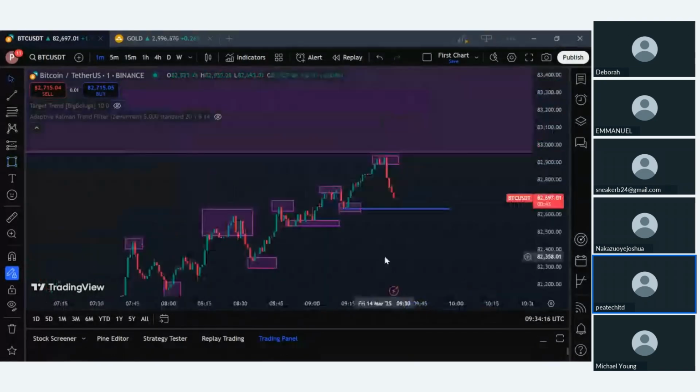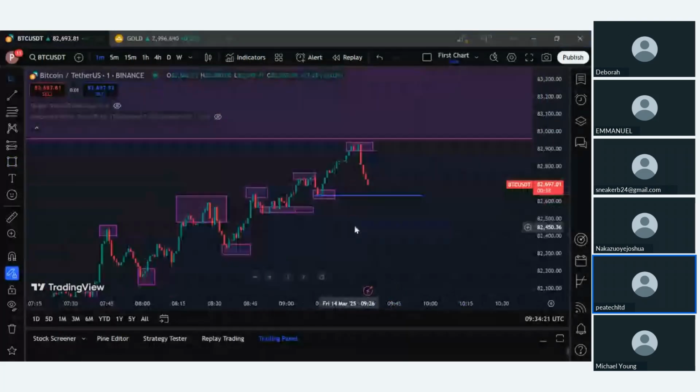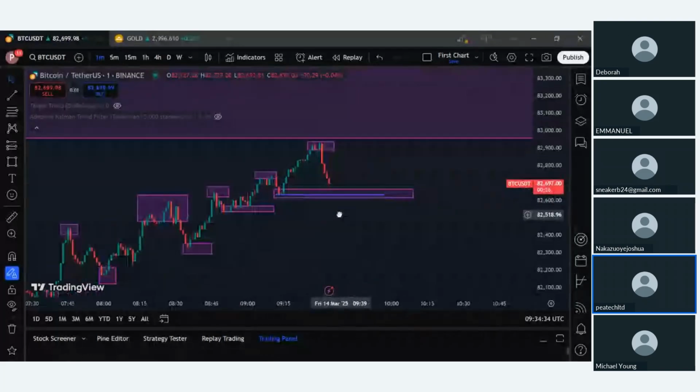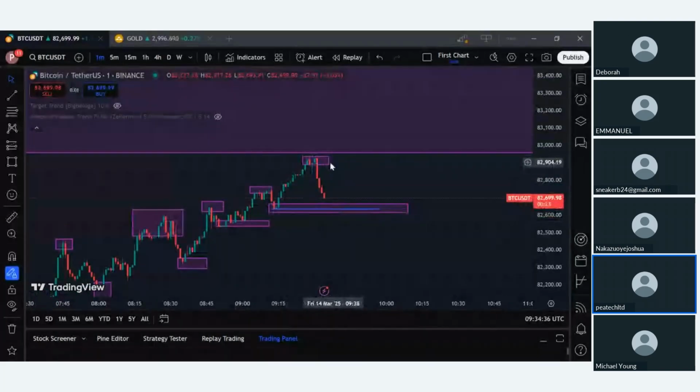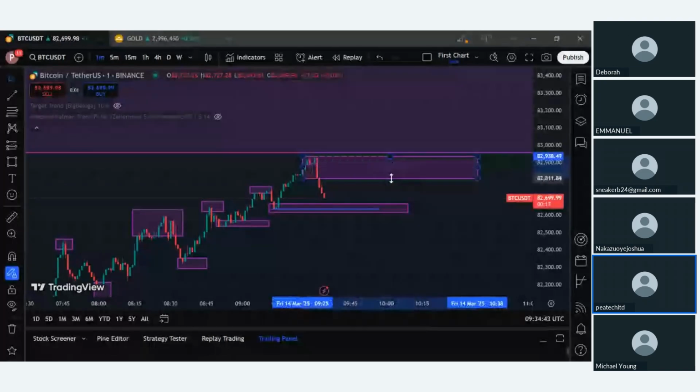And in order for us to leave this bullish trend, we want the market to break this low, this particular one here, this recent low, this lower high. We want the market to break out of it downward. If the market does that successfully, then we'll be waiting for the market to come to this candle here.